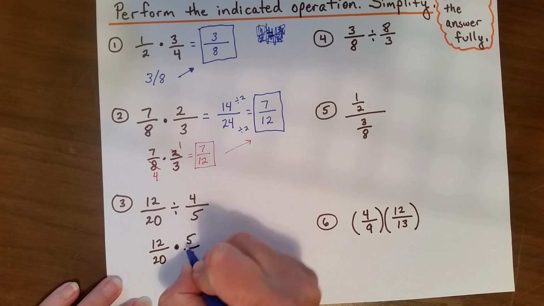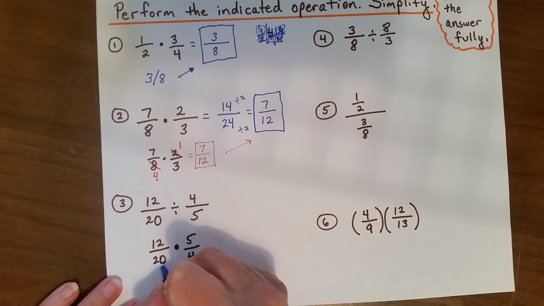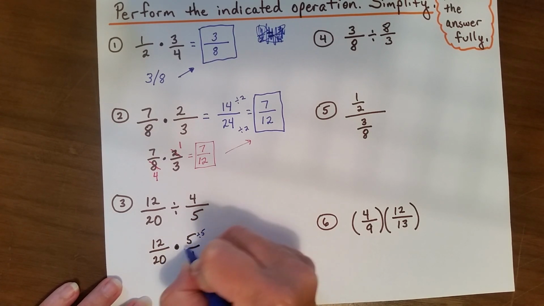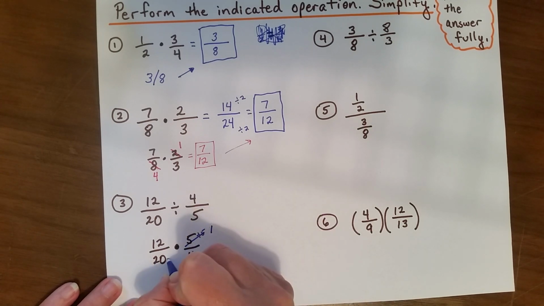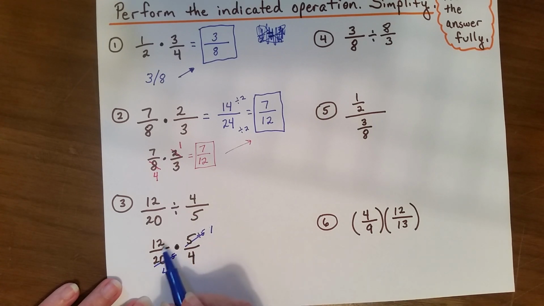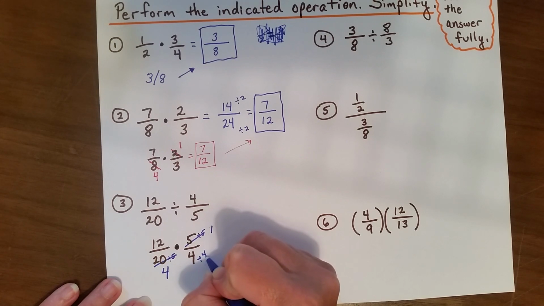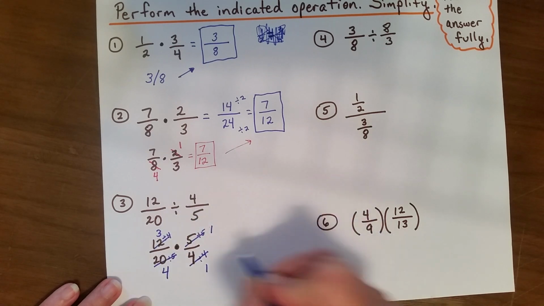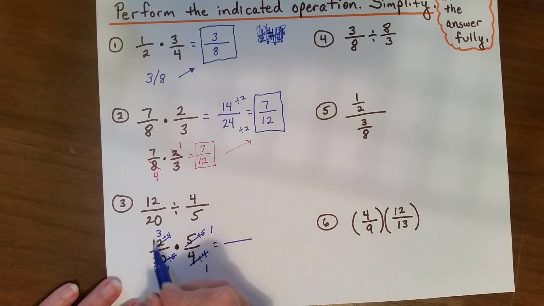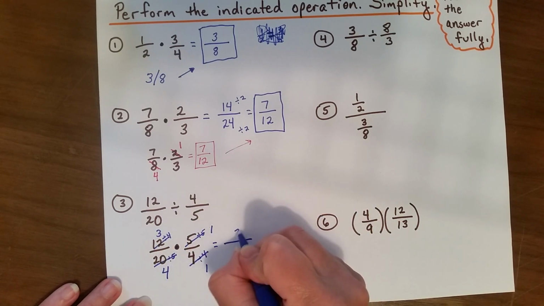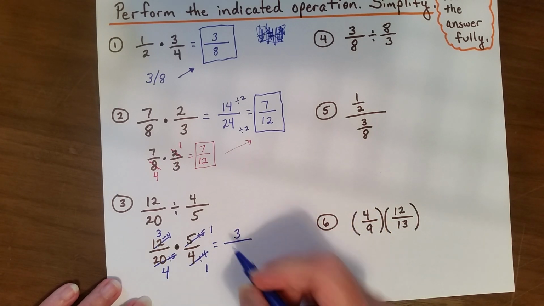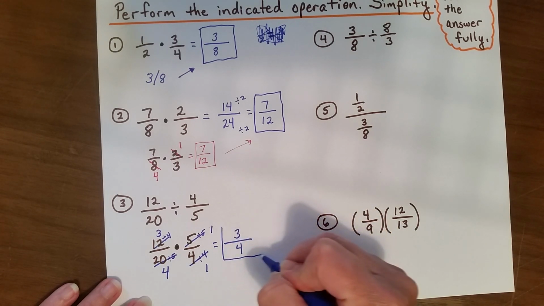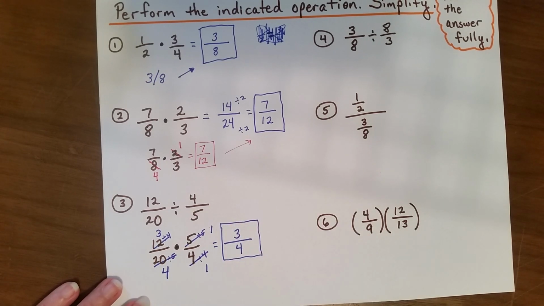I know 5 and 20 are both divisible by 5. So 5 divided by 5 is 1. 20 divided by 5 is 4. I also notice that 12 and 4 are both divisible by 4. 4 divided by 4 is 1. 12 divided by 4 is 3. So when I multiply, I've got 3 times 1, which is 3, and 4 times 1, which is 4. So there's my final answer, 3/4.